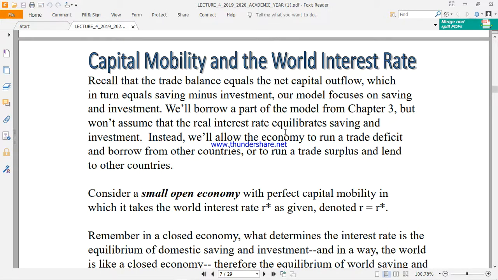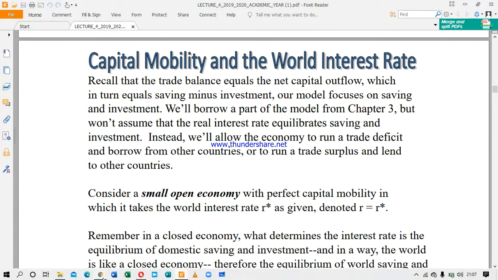Now, the trade balance, we understand, must equal net capital outflow. The trade balance is just exports minus imports, and net capital outflow is the difference between savings and investment.